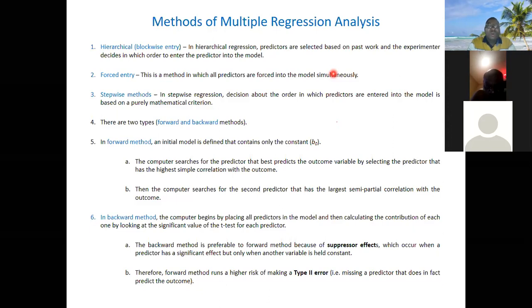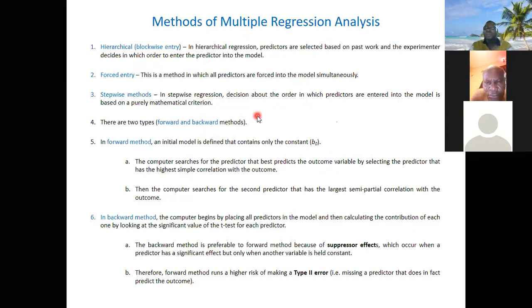We have the hierarchical method, also called blockwise entry, then the forced entry, the second one. Or we also have the stepwise method, which is divided into forward and backward. In hierarchical regression, predictors are selected based on past work and decision. The experimenter decides in which order to enter the predictors into the model.